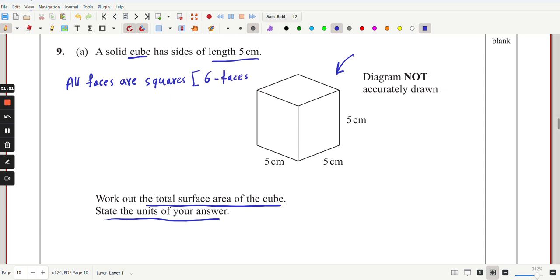So to find the total surface area, it's enough to find the area of one face, one square, and then multiply it by 6. You will find the total surface area. So 5 times 5 is equal to 25 centimeters squared.